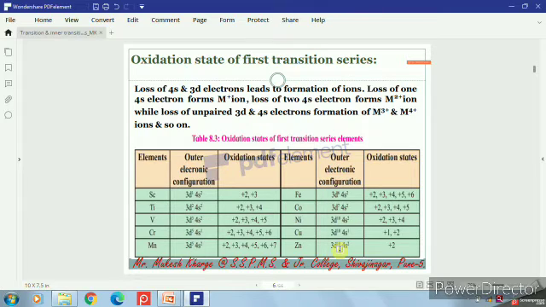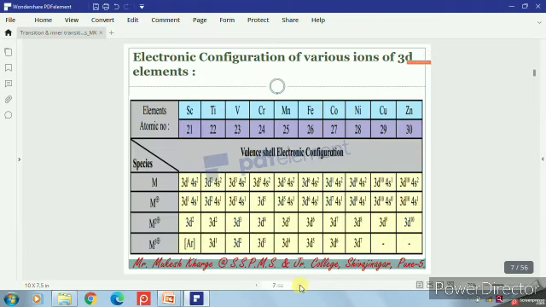So here are the electronic configuration and the corresponding oxidation states of the cations of the transition elements. Next is the electronic configuration of various ions of 3d elements. See, the scandium electronic configuration is, every time you have to write argon first, then 4s2 3d1.